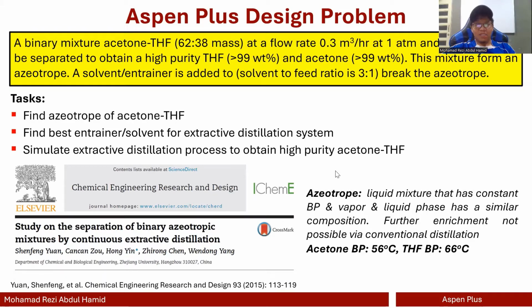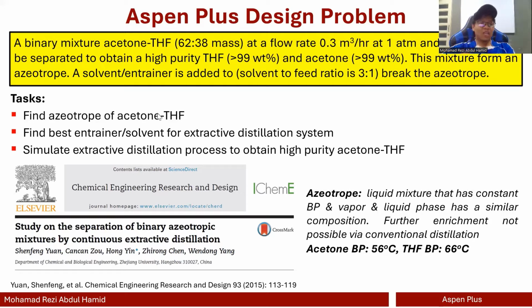To modify or to eliminate this azeotrope, a solvent or entrainer is added. In this case, we're going to use a solvent to feed ratio of 3:1 to break the azeotrope. Just to go over our tasks, the first thing that we want to do is find the azeotrope of acetone and THF.